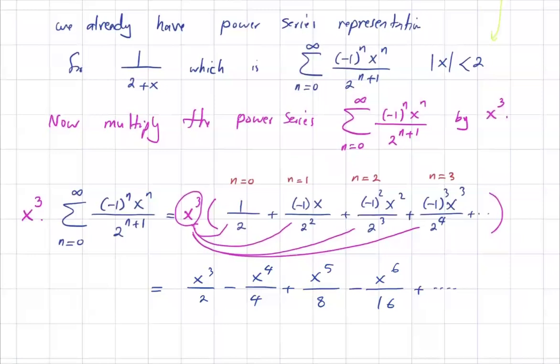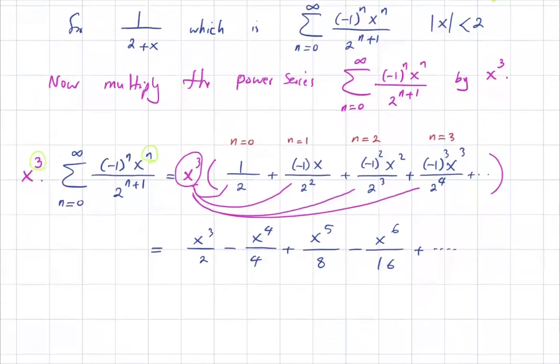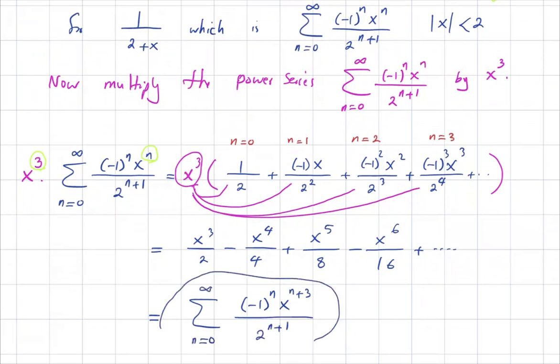So what are we basically doing? We are basically just adding 3 to the exponent n here. So the series can be written as the summation of negative 1 to power n, x to power n plus 3 divided by 2 to power n plus 1, and start from 0 goes to infinity.